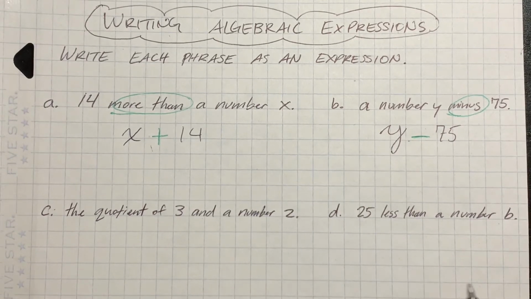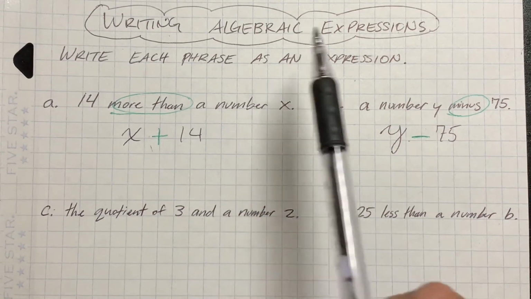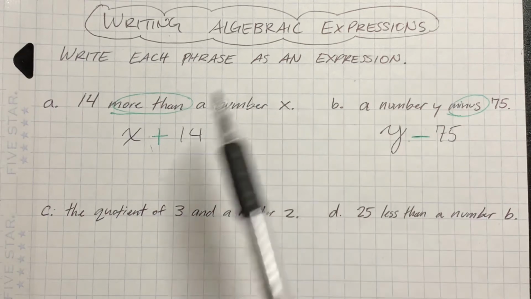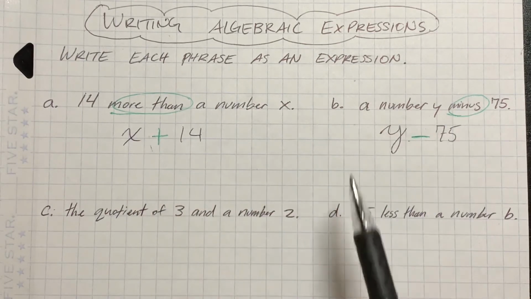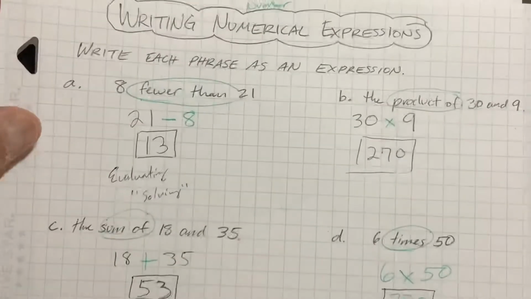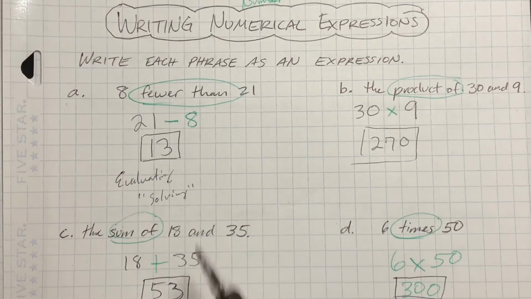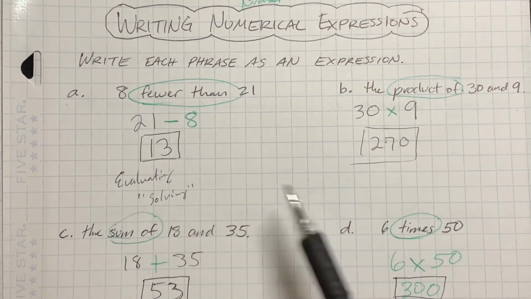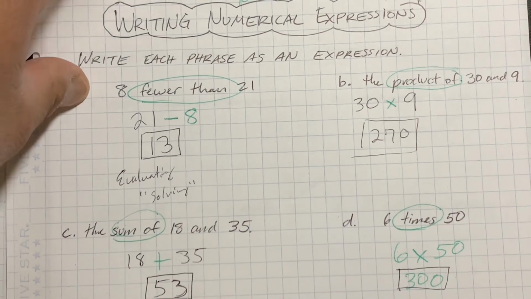Just to recap, with algebraic expressions, we're working with letters or alphabets for a missing value in these variables. When we write numerical expressions, we don't have alphabets, just numbers, known values.